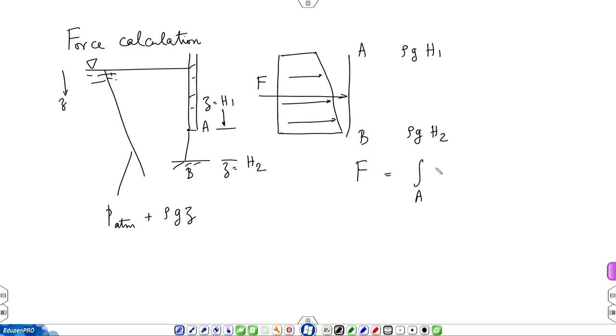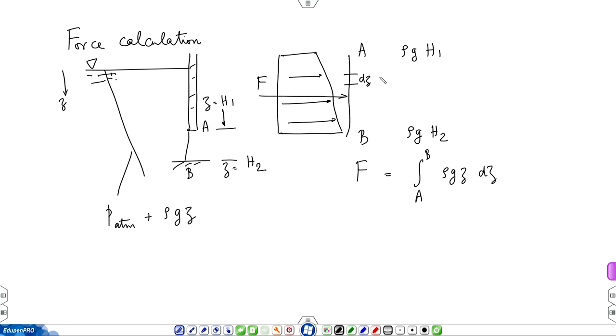You have to go from A to B, rho g z dz, because this pressure is rho g z. It is equivalent to saying you consider a small element dz, the force acting on it is p(z) dz, and you integrate from A to B. Why A to B? Because your z is oriented downwards.